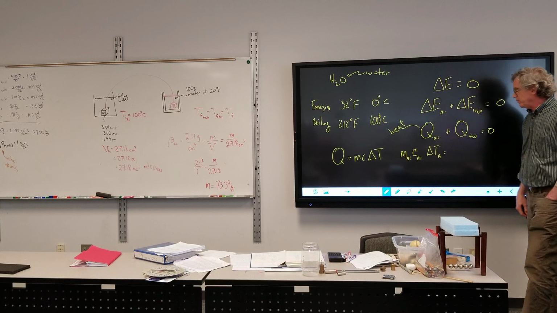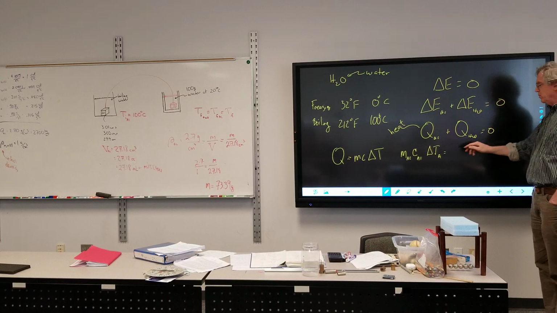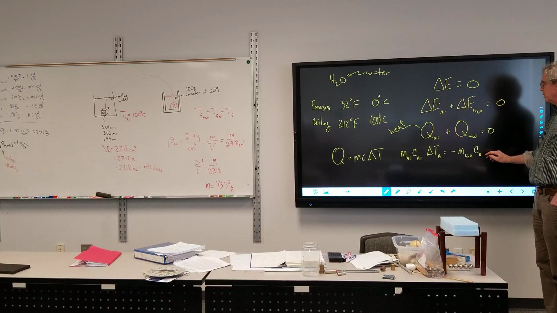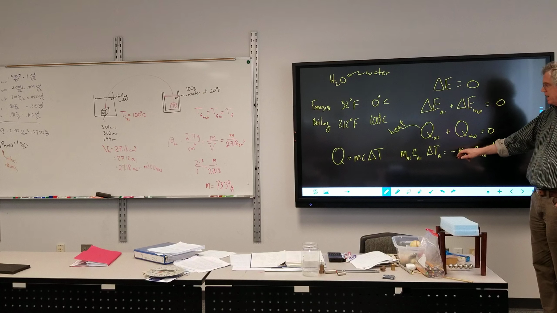And that's going to be equal to, I'm just going to go ahead and bring Q over, the negative mass of the water times specific heat of the water times the change in temperature of the water. And there's a negative sign there.